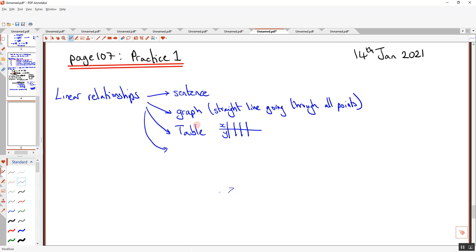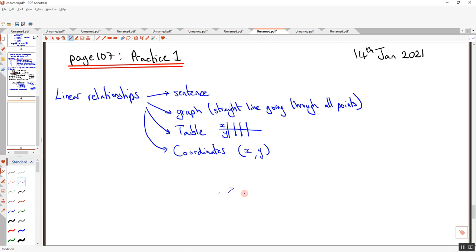So we've got sentence, graph, table. The last way is coordinates. Thank you, Isa. All right, so the last way is coordinates. What comes first in your coordinates, x or y? X, okay, good. And your y comes second. Okay, so there's 4 different ways you can represent them.